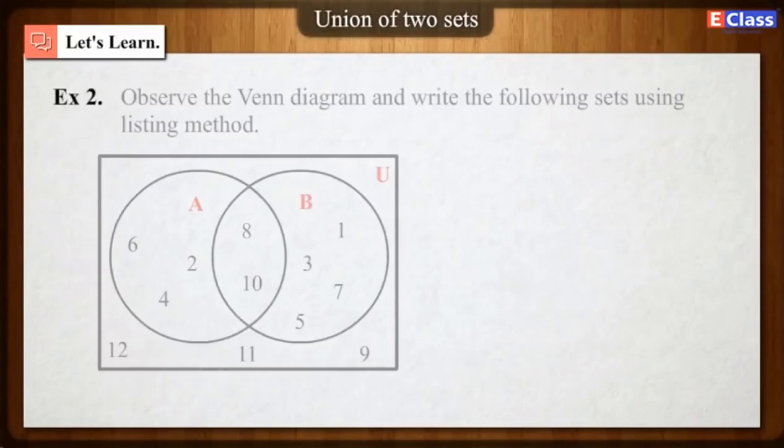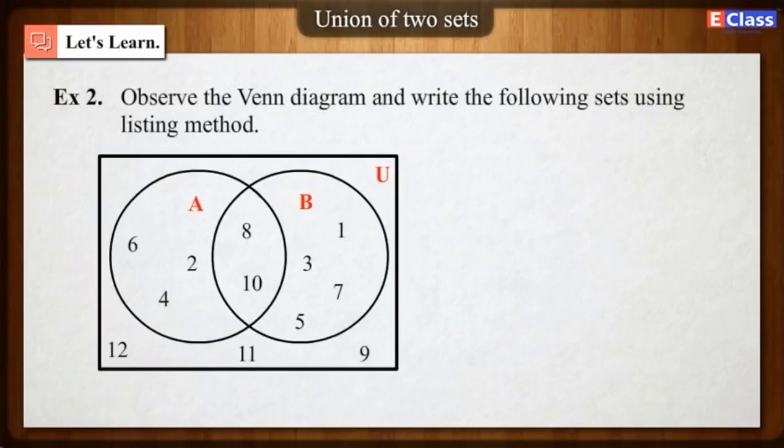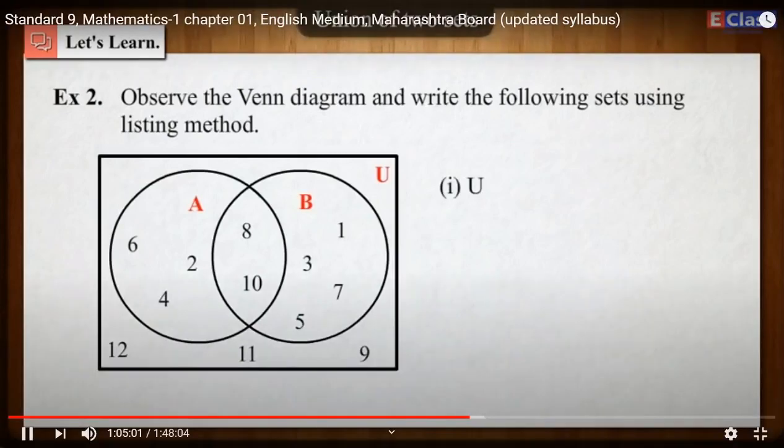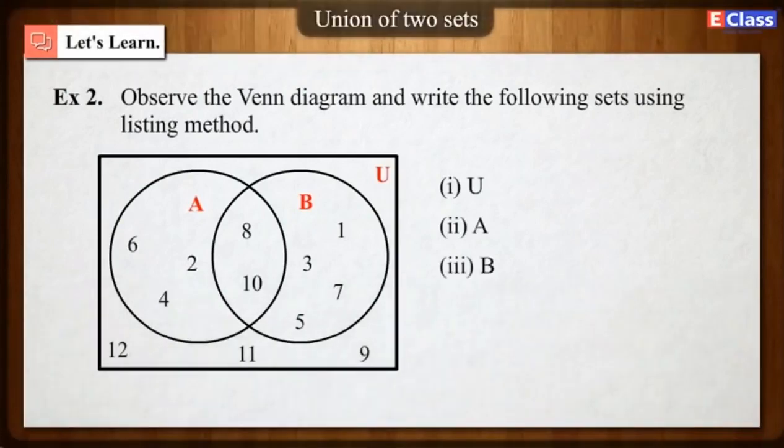Example 2. Observe the Venn diagram and write the following sets using listing method. 1. Universal set. 2. Set A. 3. Set B. 4. Set A union B. 5.